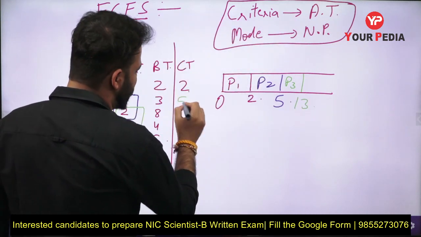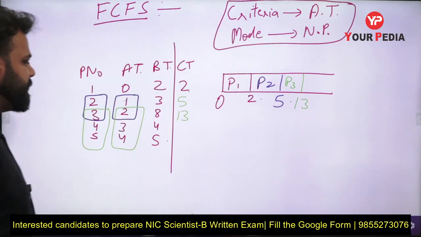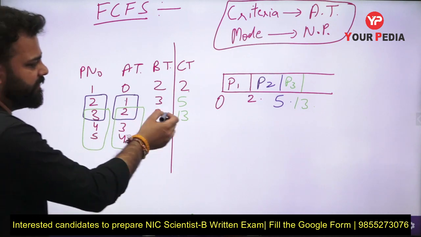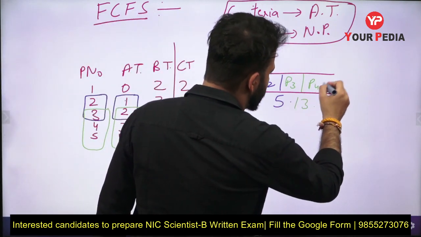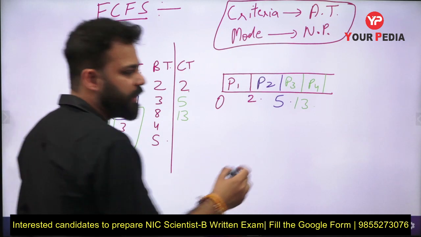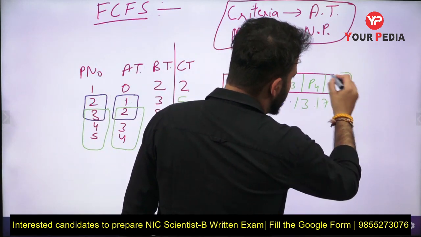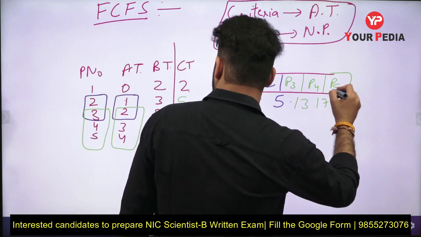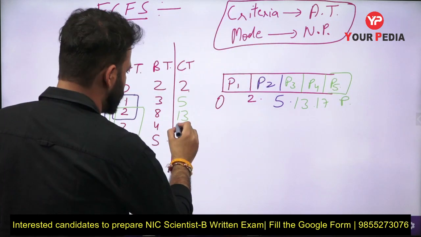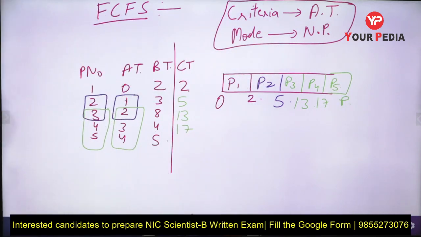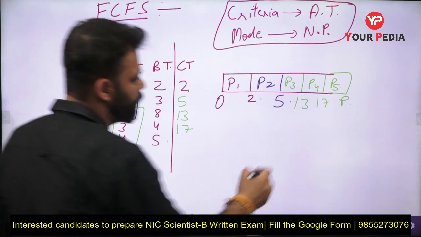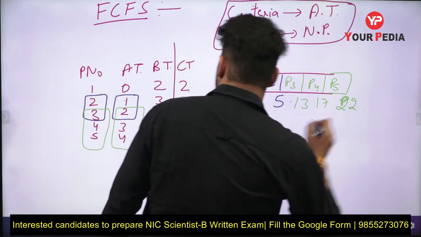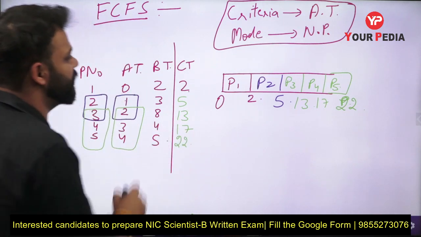After that, P4 will get the CPU and it will run for 4 more seconds, till 17, and after that P5 will run for 5 more seconds, which is equal to 22. Now we have found the completion time of all the jobs.